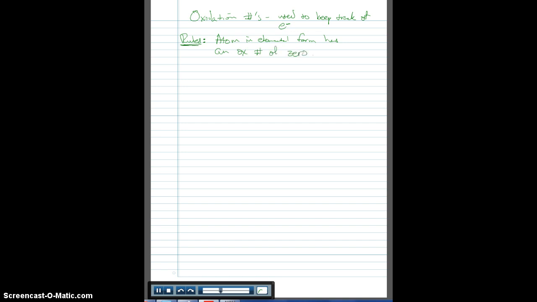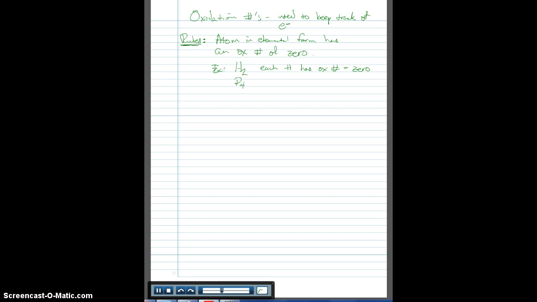Now, the first thing is we're going to talk about an atom in its elemental form has an oxidation number of 0. What we mean by elemental form is how an atom would exist in nature, and here's a couple examples. Let's say hydrogen gas, which is how hydrogen exists in nature. We would say that each hydrogen has an oxidation number equal to 0.